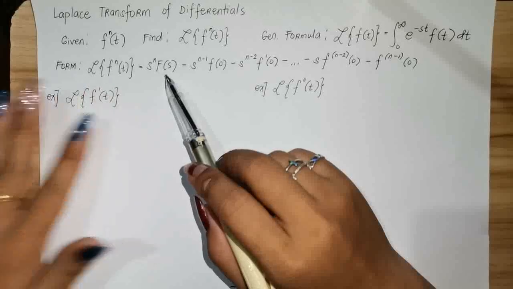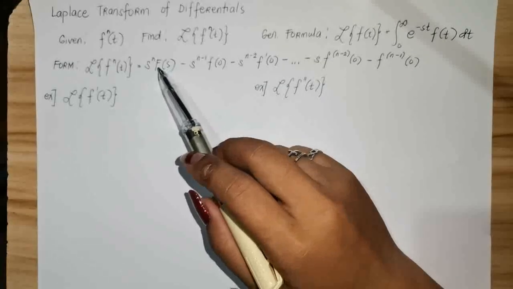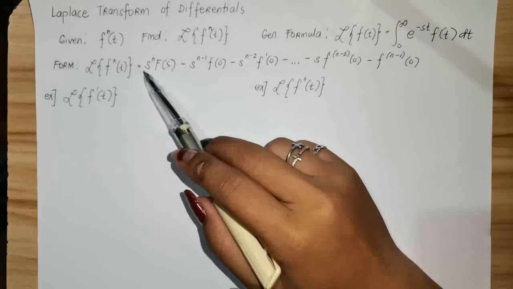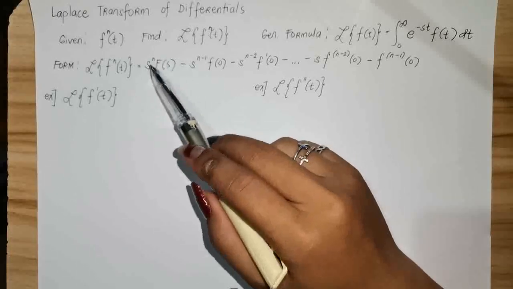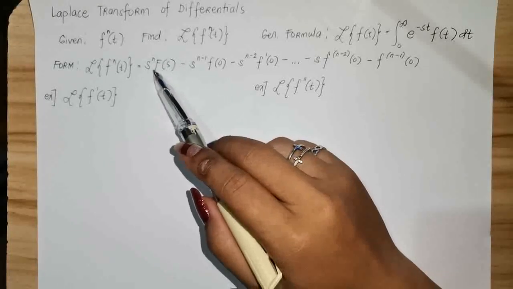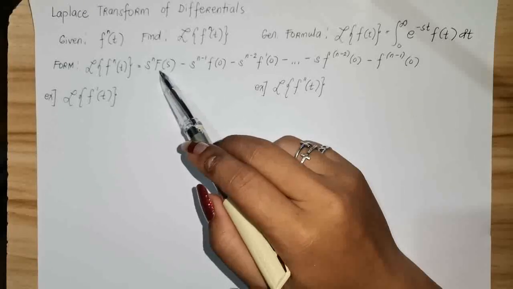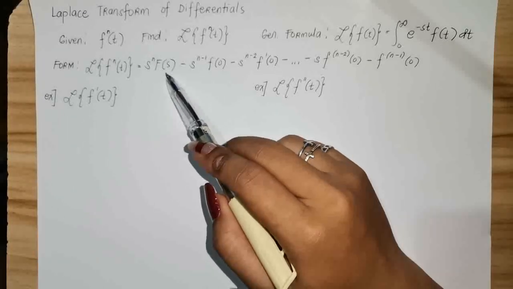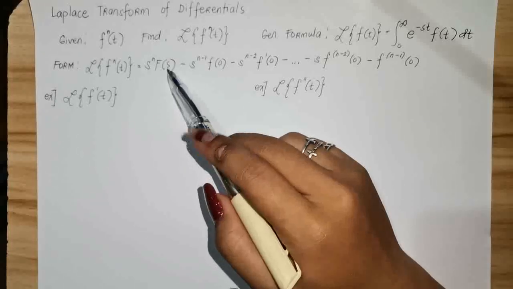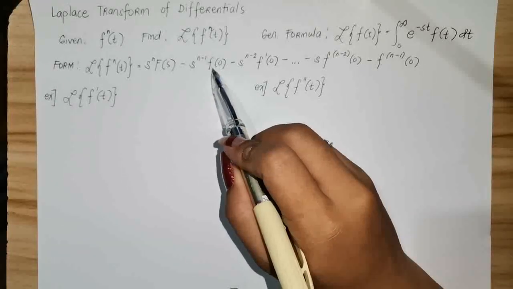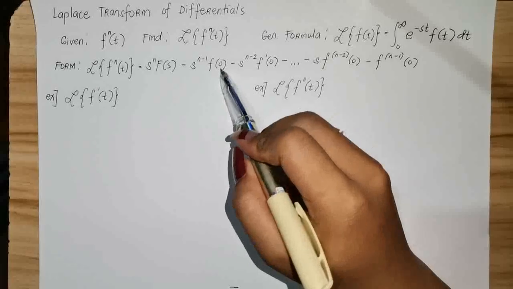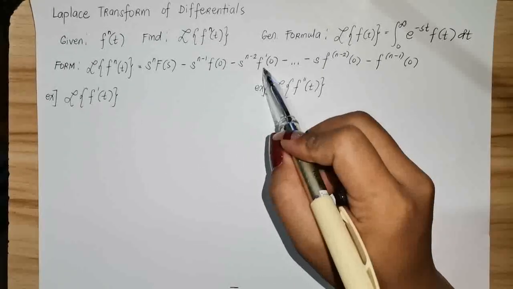Then, how about the factors that go with s? The first term, s raised to n, goes with F of s, the big F of s. So, that is the Laplace transform of the f of t. Then for the second term, it will start with f of 0. Then the third term will be f prime of 0.